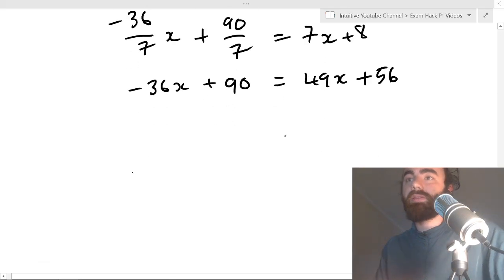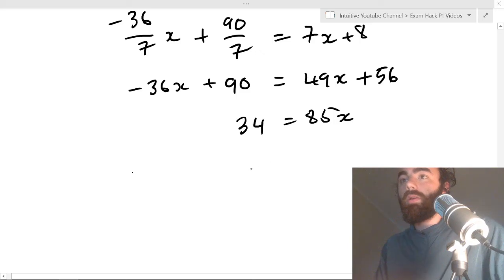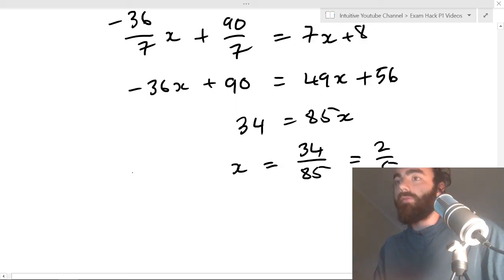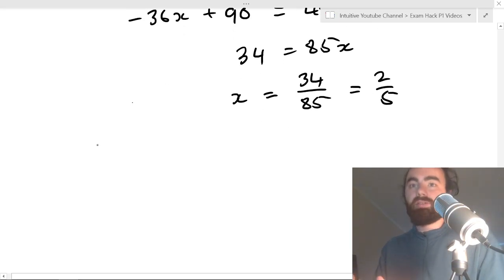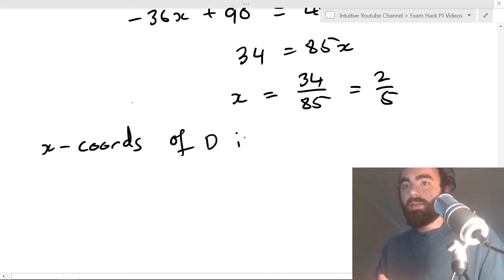So we take that over, we get 85x on this side, and we take this over, we get 34. So therefore our x equals 34 over 85, which is 2 over 5. So the x coordinate of D is x equals 2 over 5.